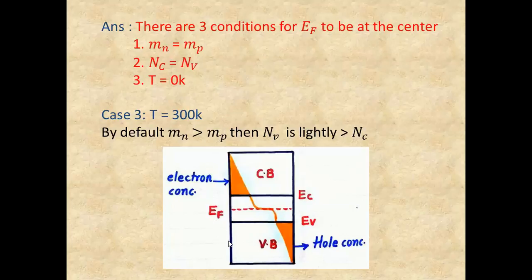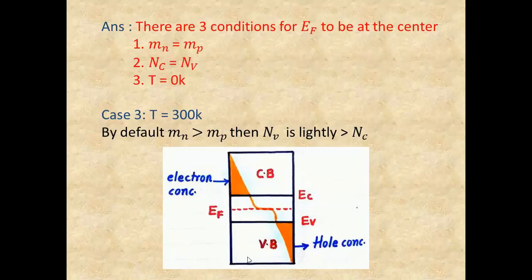But at room temperature, because of thermal energy, covalent bonds will be broken and equal numbers of electrons and holes are created, and there will be conductivity in the semiconductor, of course. So in the figure you can see the electron concentration and the hole concentration are almost the same.